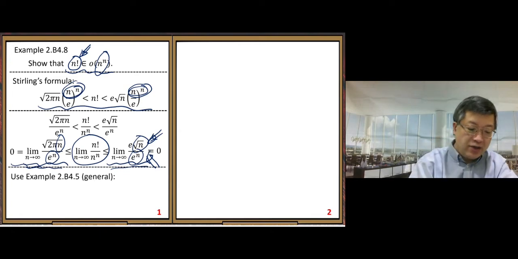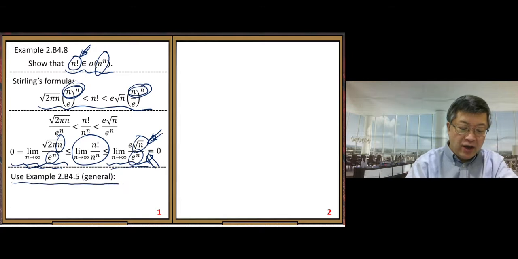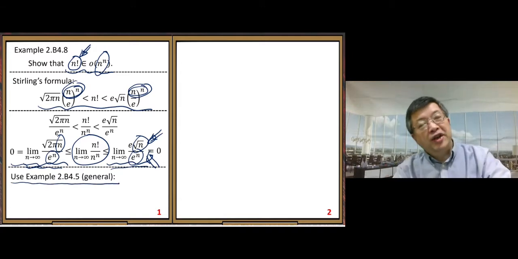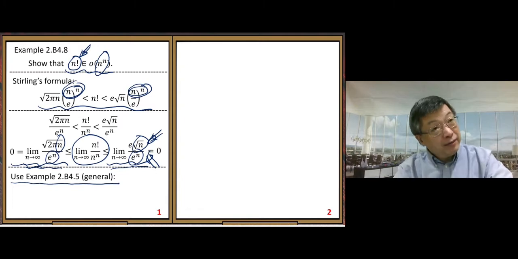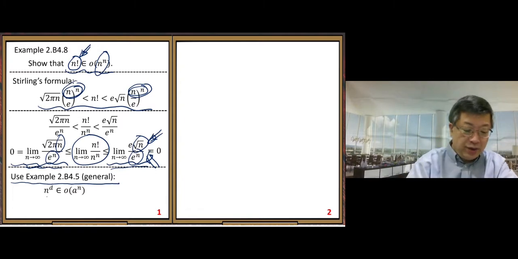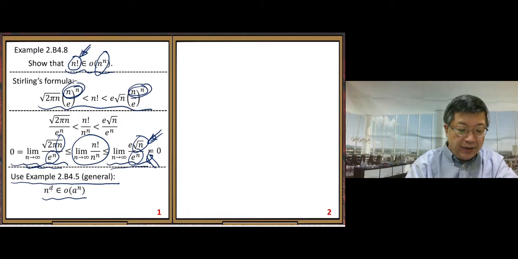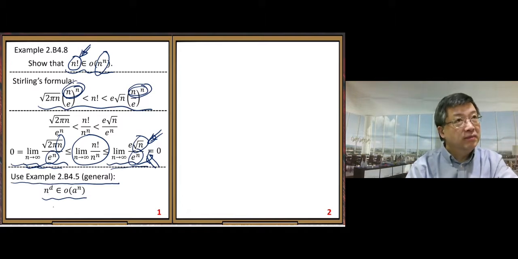Here I just refer to our example number 5 in B.4. In that one, we did this: n to the d, we only need d positive. Any positive d.